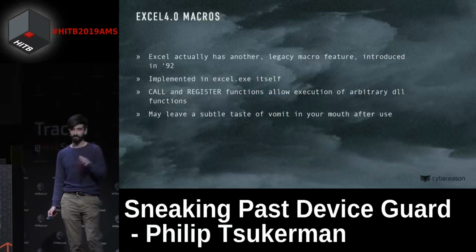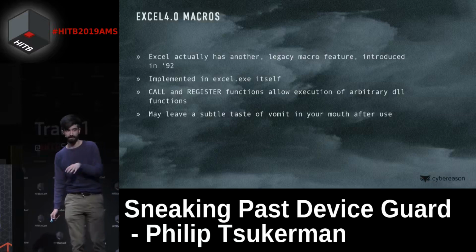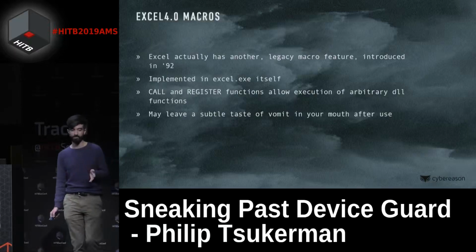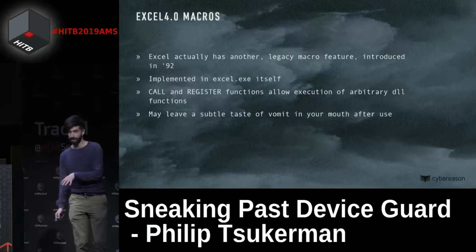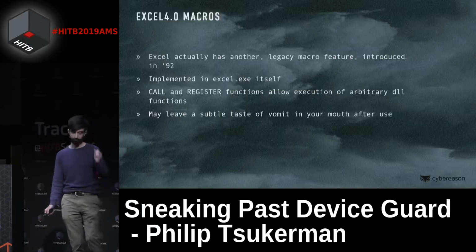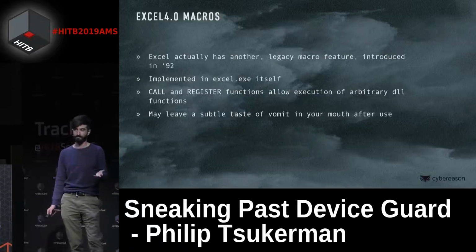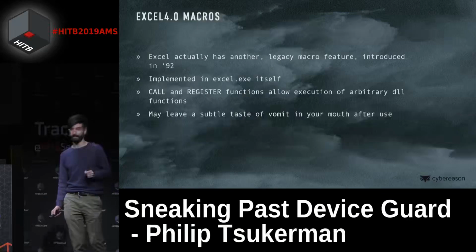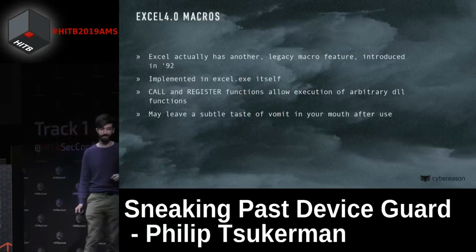So VBA macros are actually not the only macro system existing in Office. There's an older system that exists in Excel called Excel 4.0 macros. And this actually exists since '92. And unlike VBE7, it's actually implemented in Excel.exe itself, meaning it's a bit harder to circumvent and to block the bad part of Excel 4.0 macros.